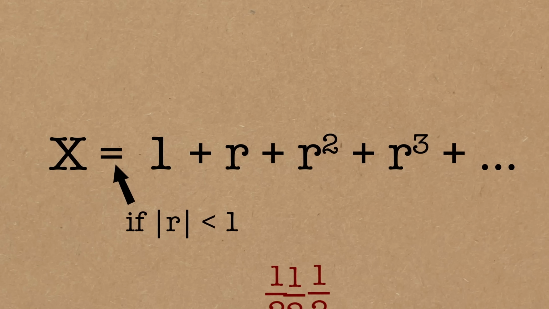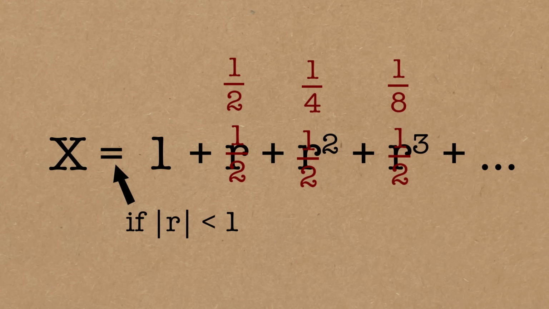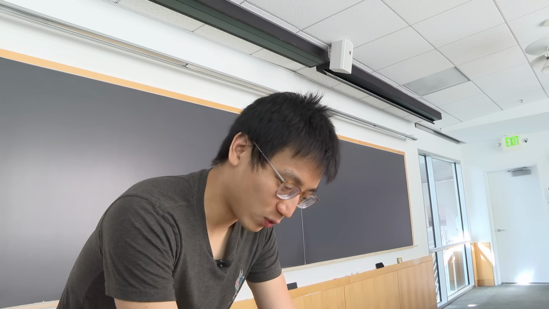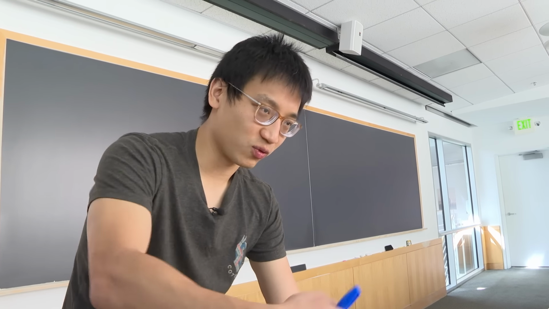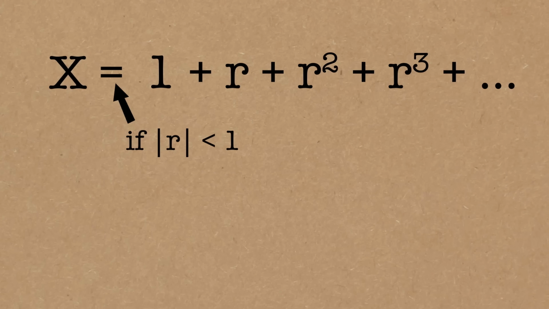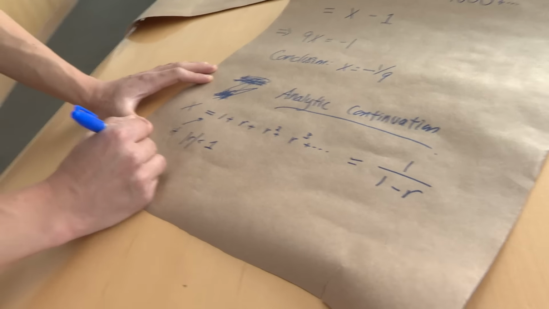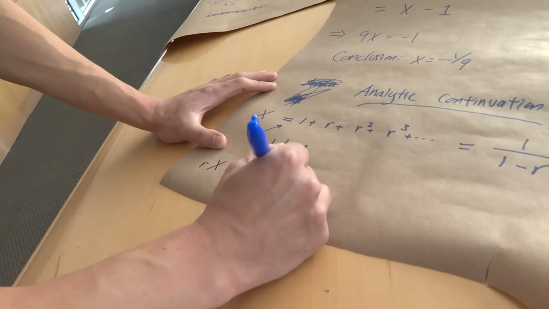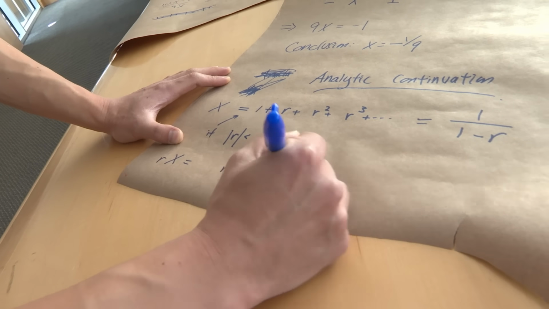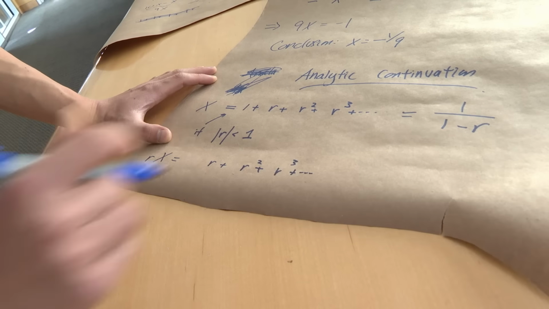Because if r is less than 1, when you raise it to higher and higher powers, it'll shrink to 0. So you're adding very little at each stage, so it's going to reach some target. And it turns out that this will be equal to 1/1 minus r. To see this, you can play the same games we did before. You can say, well, I'll take r times x, and that'll be r plus r squared plus r cubed plus so on.